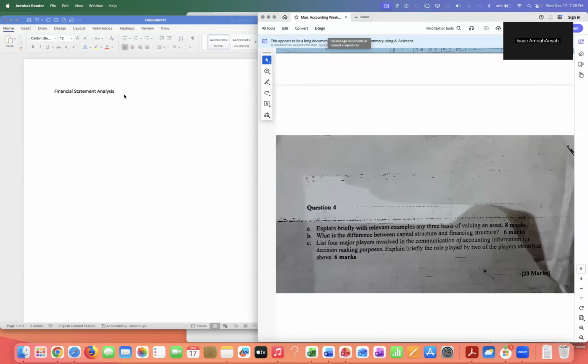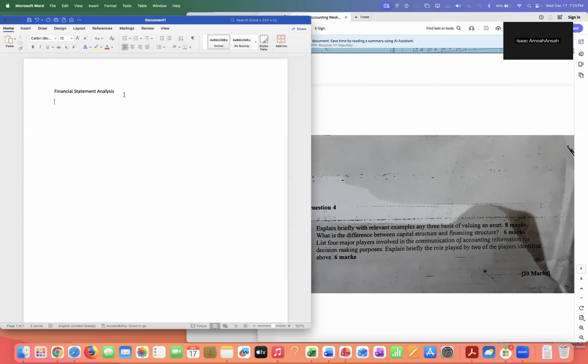So we have two key financials that we may use for the analysis. We would use the statement of financial position, aka balance sheet.